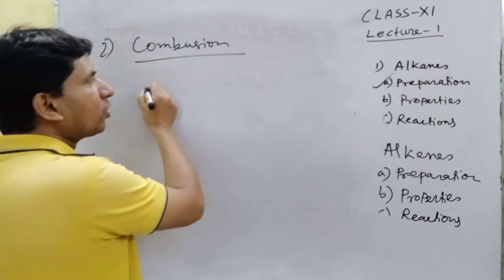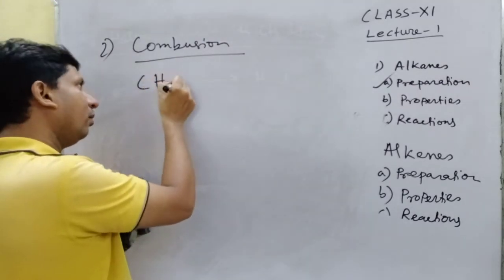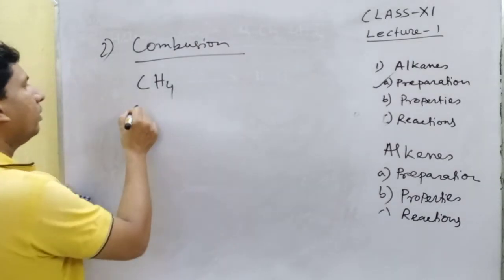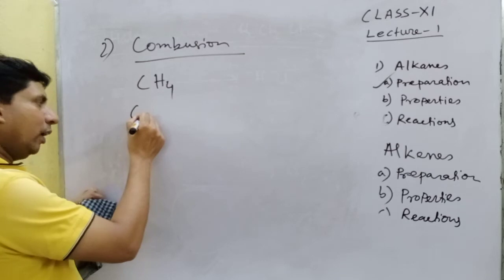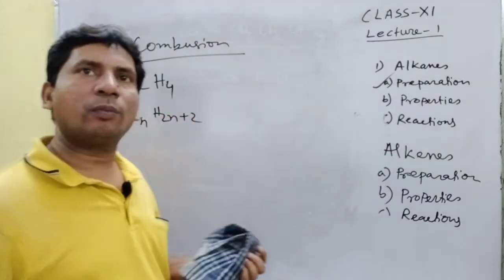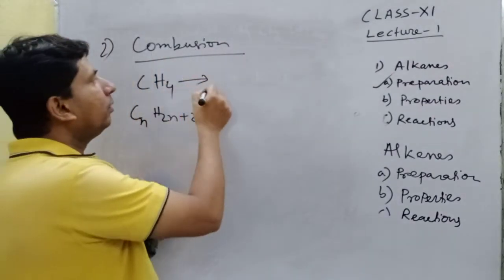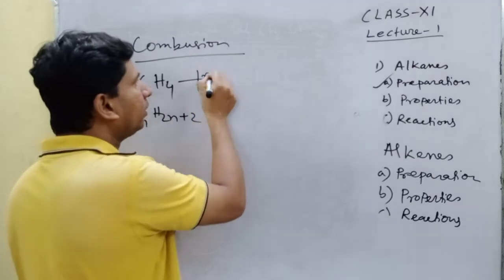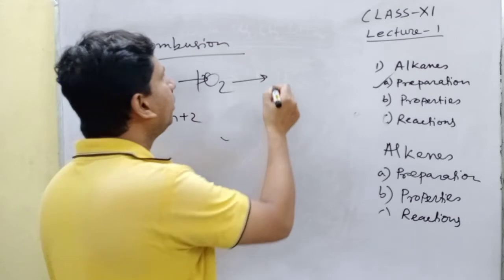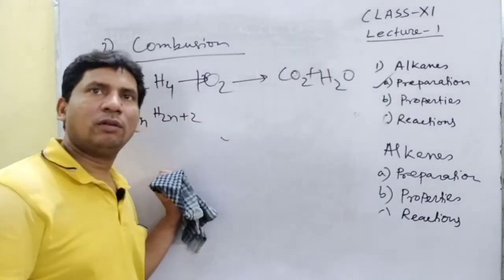For complete combustion of a carbon containing compound, if it is methane or any alkane, CnH2n+2, in this way you can write, no problem. Then if it is methane, in presence of oxygen it can burn and you get carbon dioxide plus water for complete combustion.